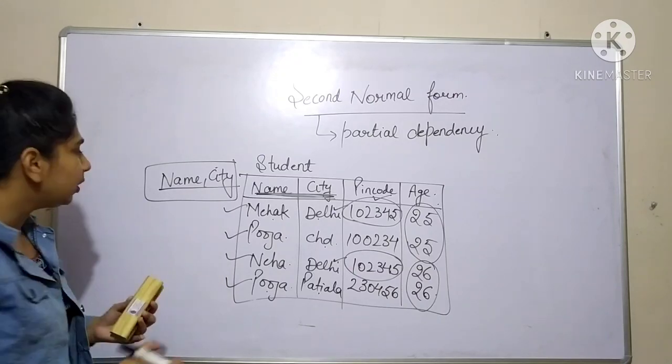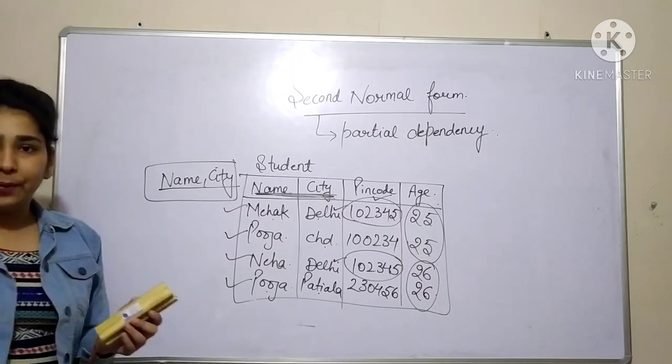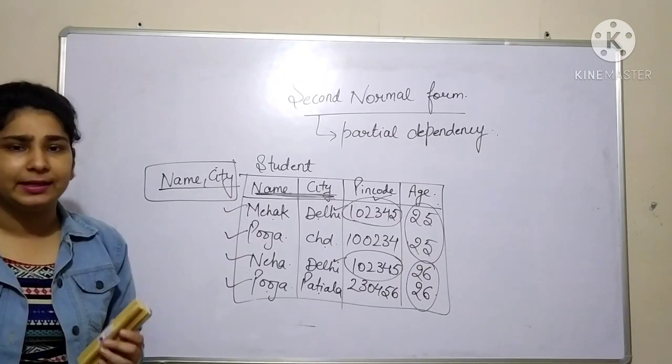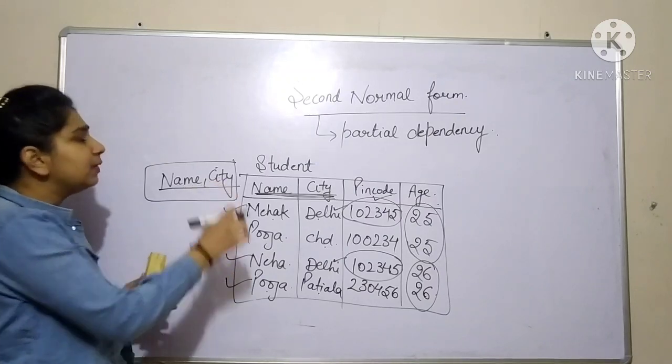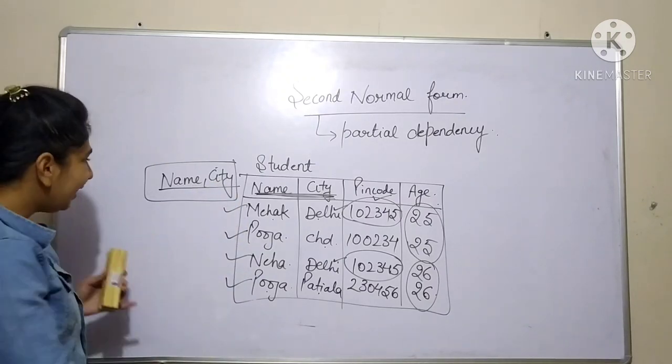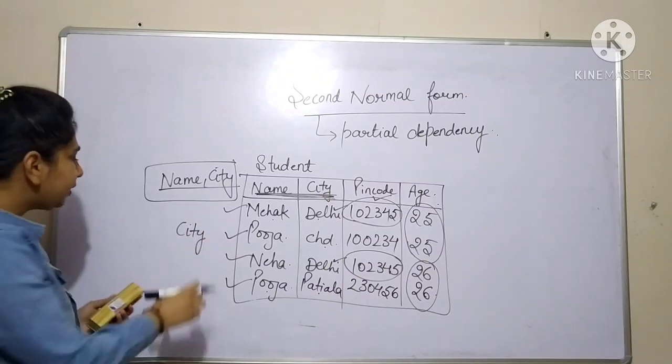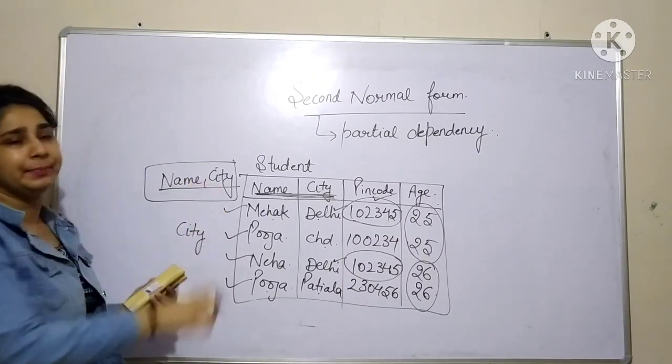Name and city combined is your primary key, and let's suppose I take city, which is a part of this key.